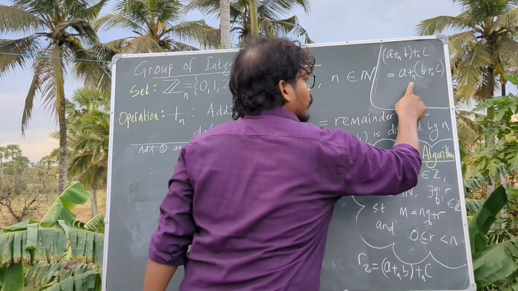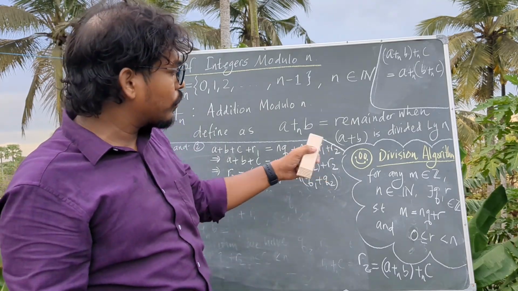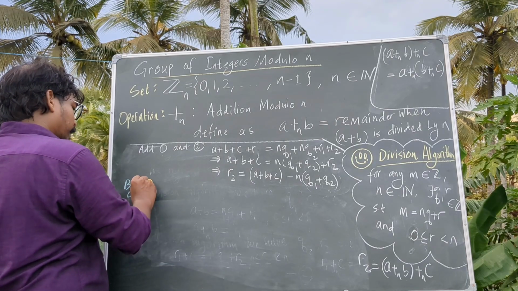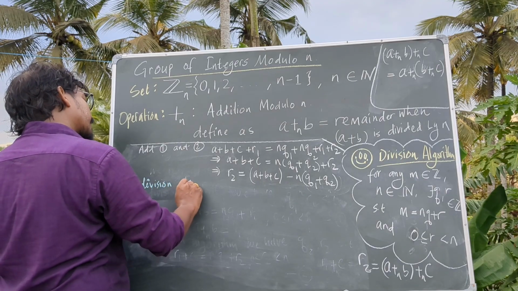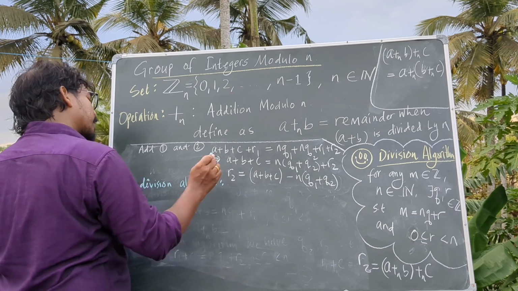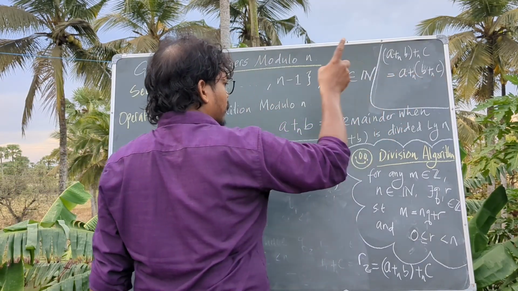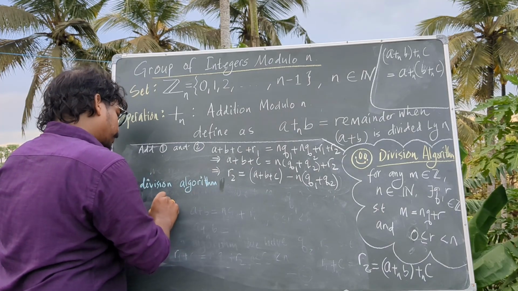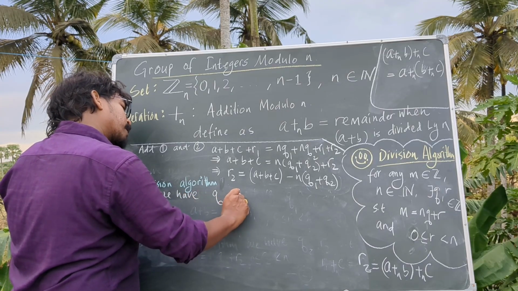And for this one also we will use our happy little algorithm, the division algorithm. By division algorithm, we will operate B and C first with our operation. So by division algorithm we have Q3 and R3.